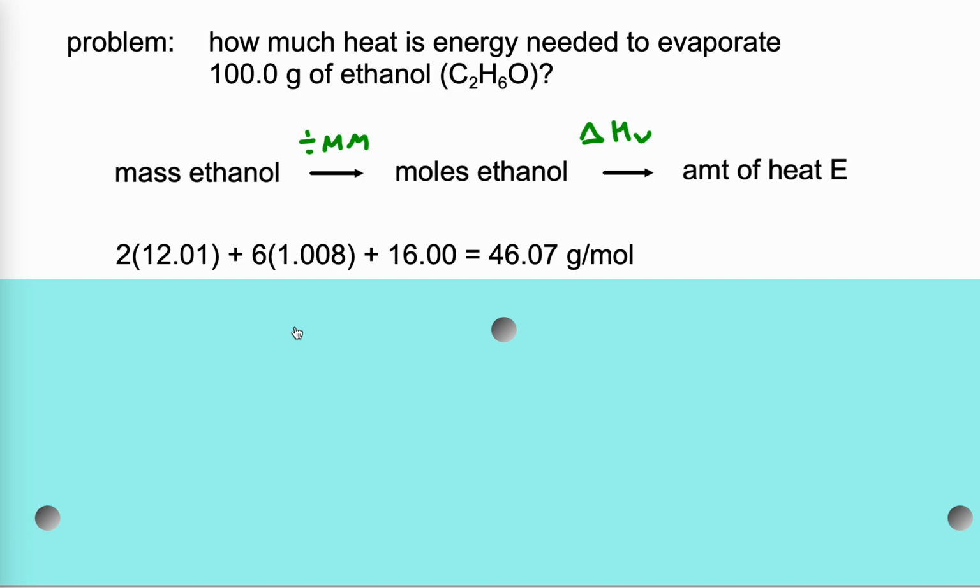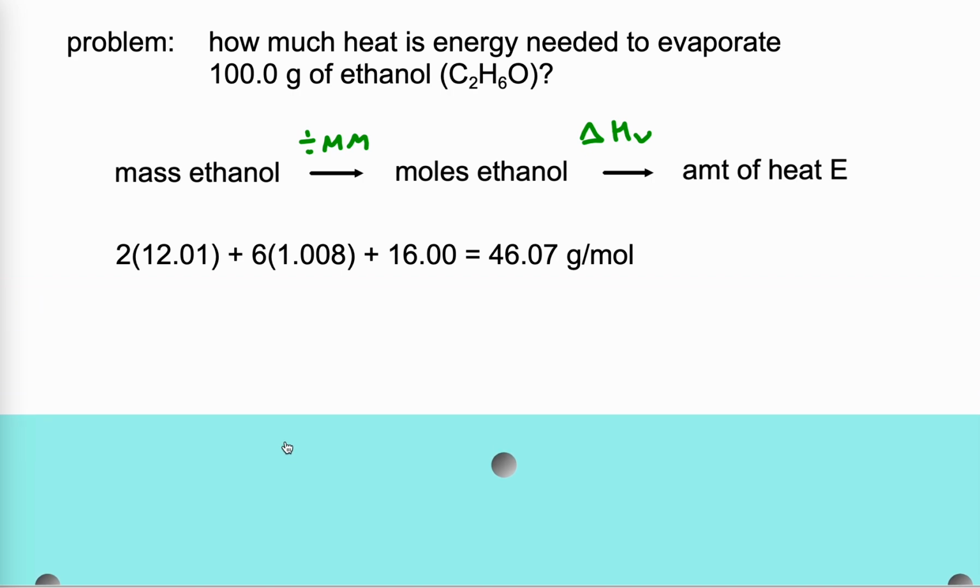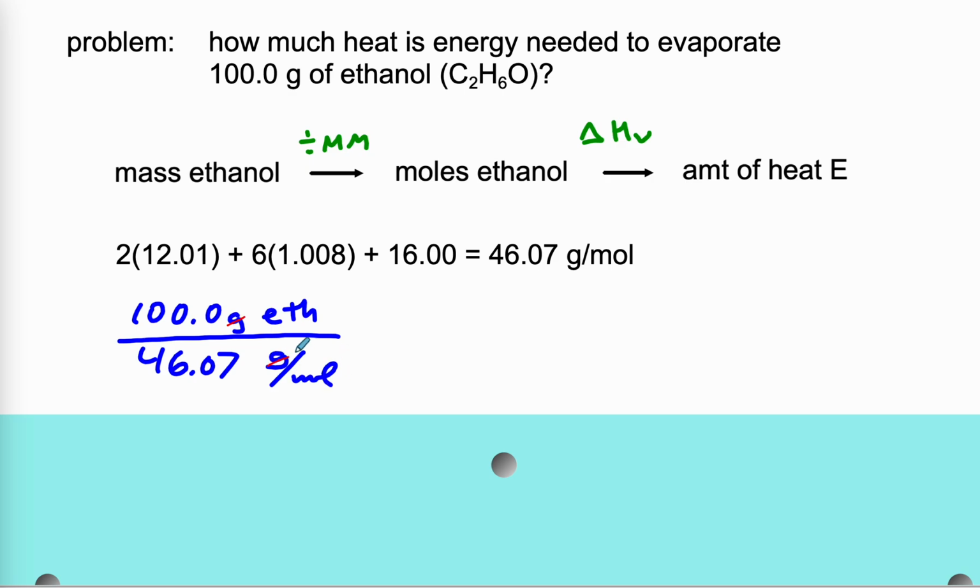Obviously, we'll begin by calculating the molar mass of ethanol, and now let's do our calculation. So we'll start with 100.0 grams of ethanol, divide that by the molar mass, 46.07 grams per mole, so that grams cancel and we're left with moles.